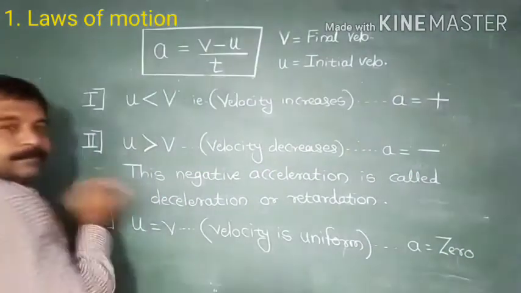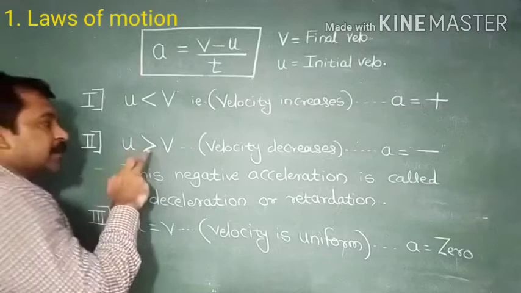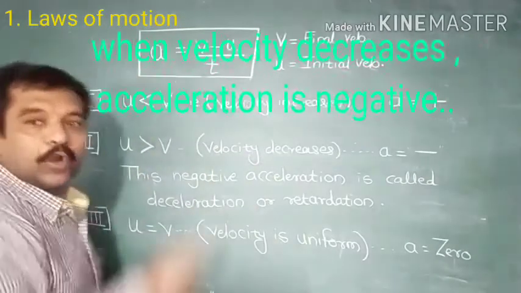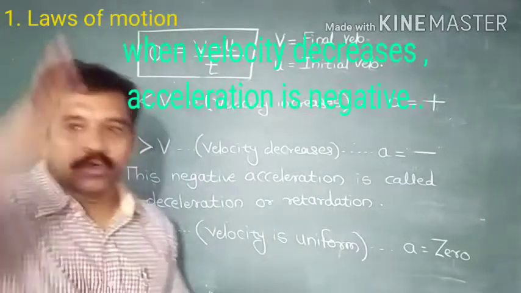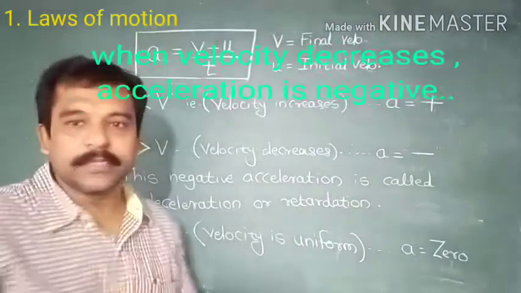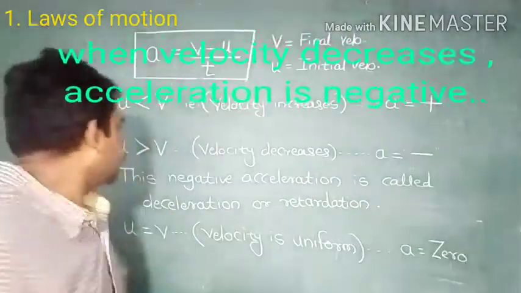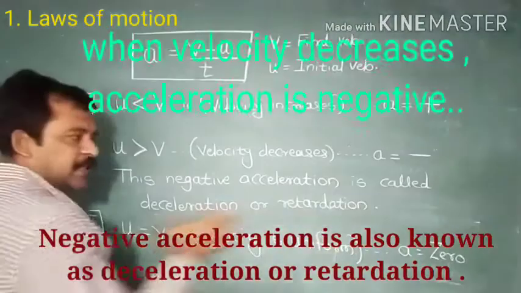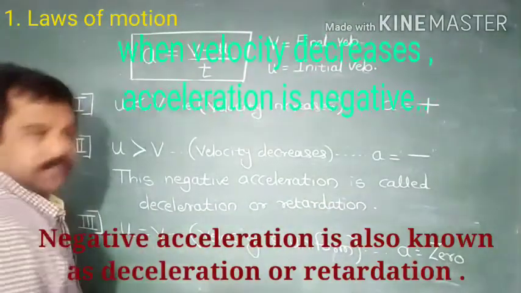But when initial velocity is greater than final velocity, that means when velocity decreases, then that acceleration is called negative acceleration. Such negative acceleration is also known as deceleration or retardation.